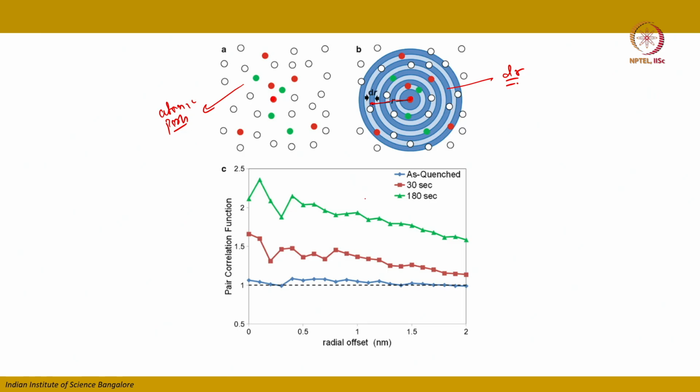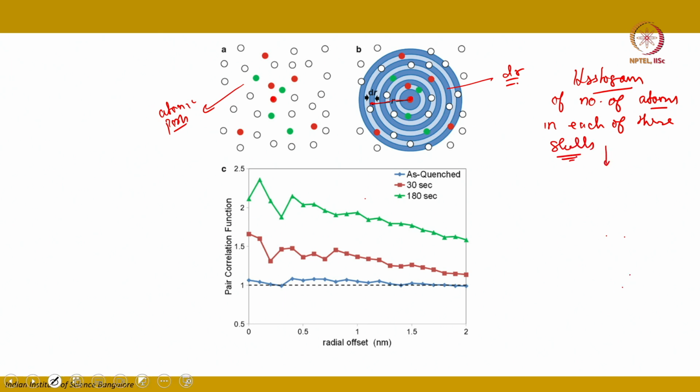Now this radial distribution algorithm builds a histogram of the number of atoms in each of these shells, and the algorithm repeats the process centering on each atom.